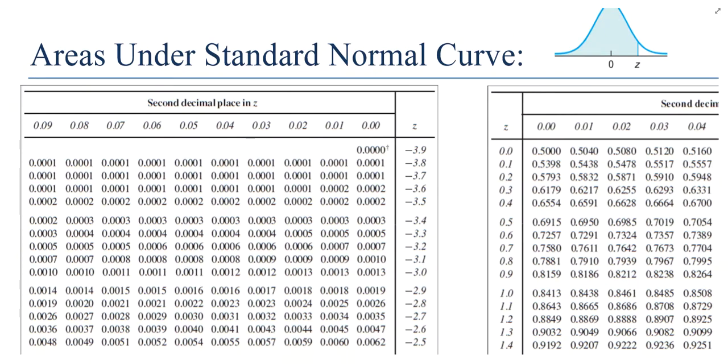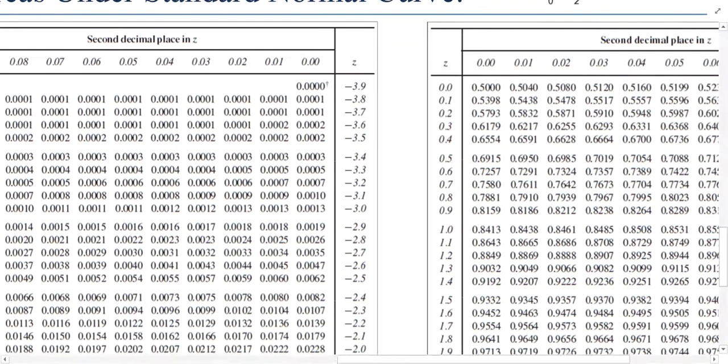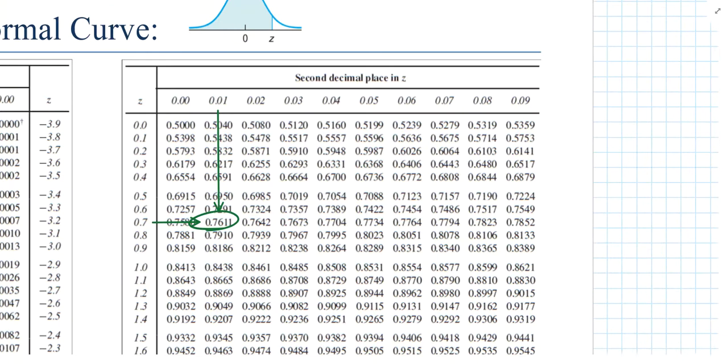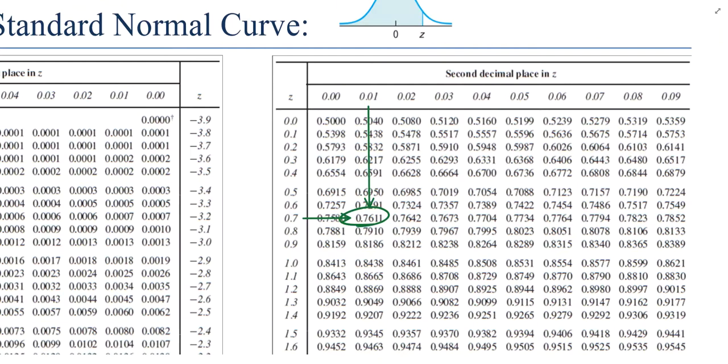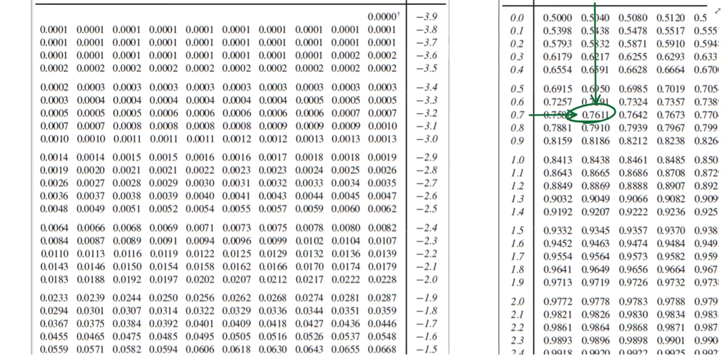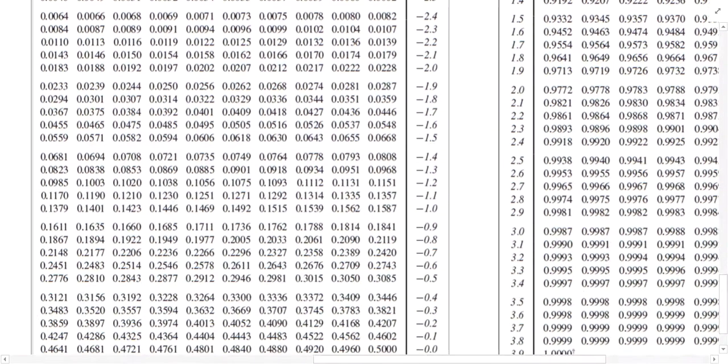The area under a standard normal curve to the left of a z-score of 0.71 is 0.7611, whereas the area under a standard normal curve to the left of a z-score of negative 0.48 is 0.3156. These areas correlate to probability percentages.